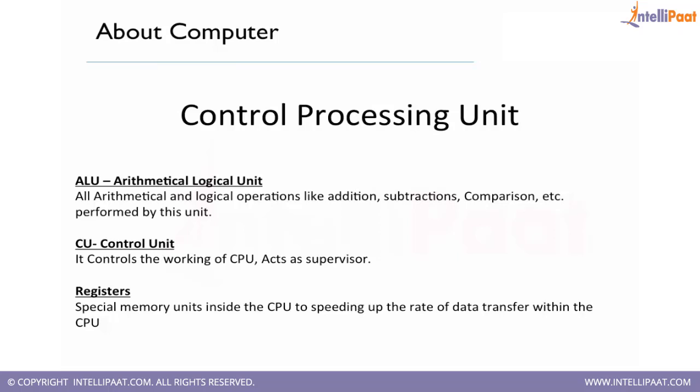So registers are memory units which are local to the CPU. For any kind of computation, first the data is transferred to the registers, and then it is given to the ALU to perform the operation.